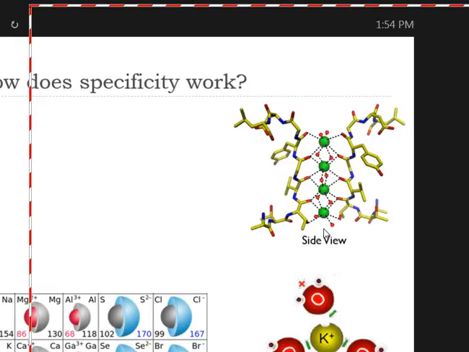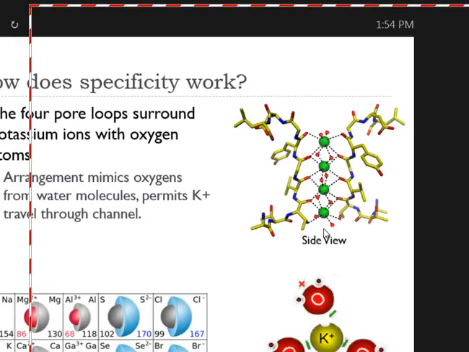But this is how the specificity works. So again, imagine that each of those 4 subunits has a pore loop. All the pore loops are coming in and creating the lining of the channel through which the potassium ion has to fit. They are structured to a very specific size relationship. So imagine this is one pore loop from one subunit. This would be the pore loop from another subunit.